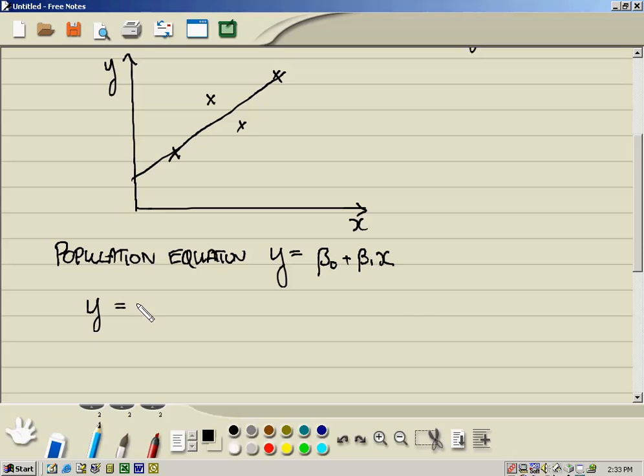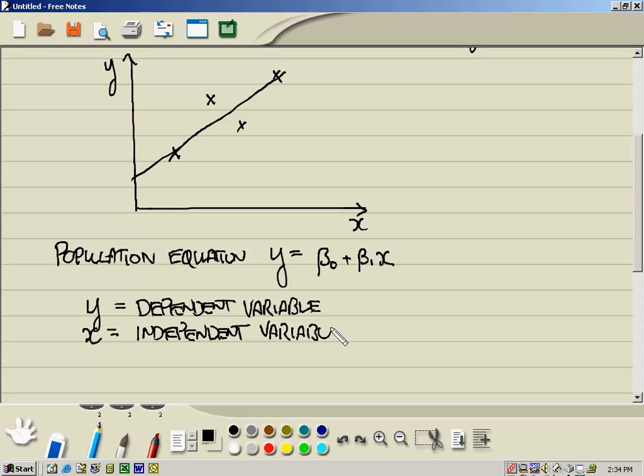The y is actually called the dependent variable, and the x is called the independent variable. Y depends on x, but x does not depend on y. And sometimes x is called the explanatory variable.